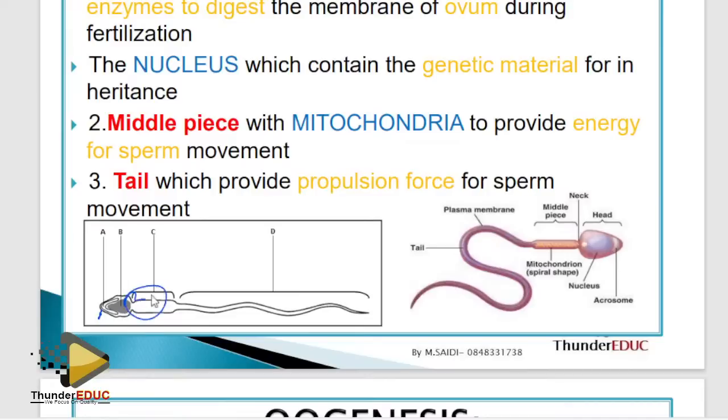The middle piece has many mitochondria to provide energy for sperm movement. The head has the nucleus for genetic material or inheritance. The acrosome contains enzymes which digest the membrane of the ovum. Now those are the full adaptations.